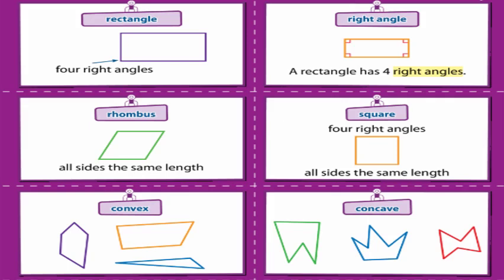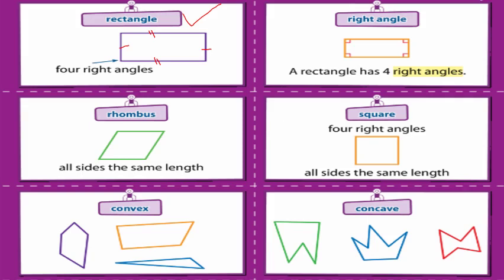It has two pairs of parallel sides. So can we call a rectangle a parallelogram? Excellent. Yes, a rectangle is also a parallelogram because, very good, it has two pairs of parallel sides.